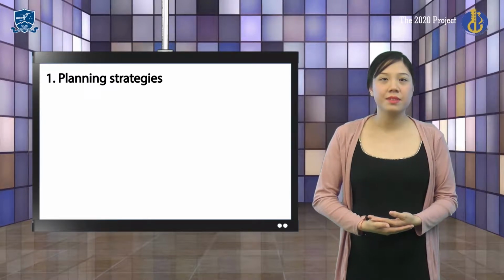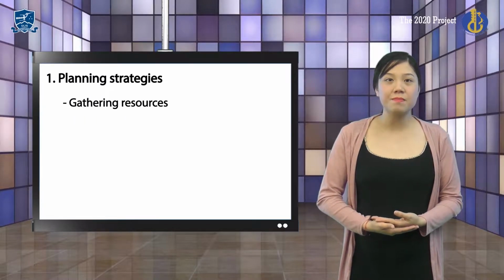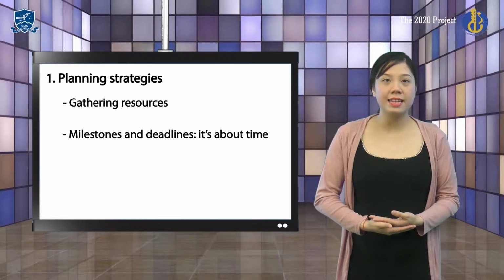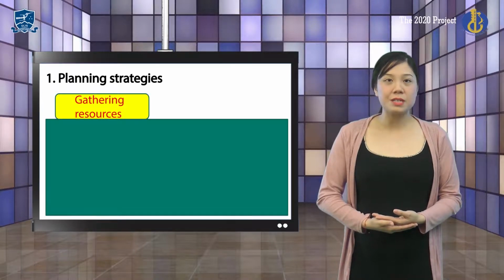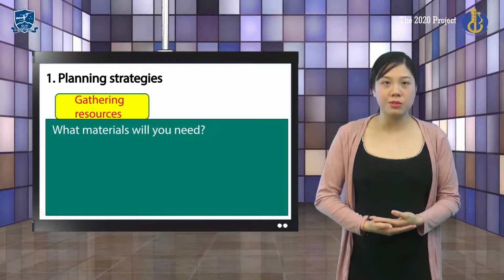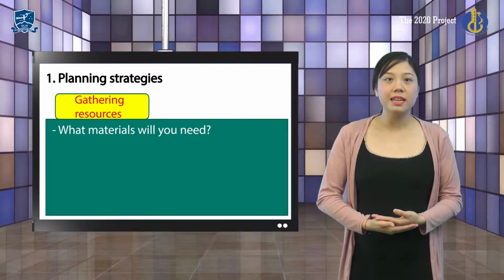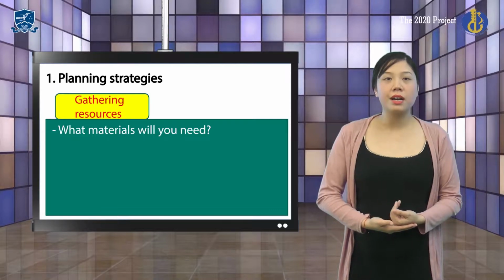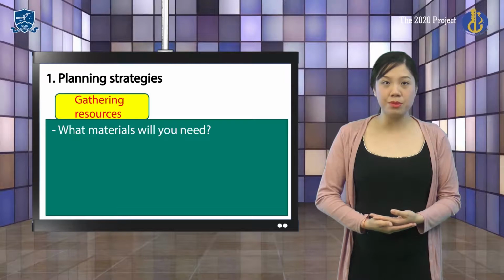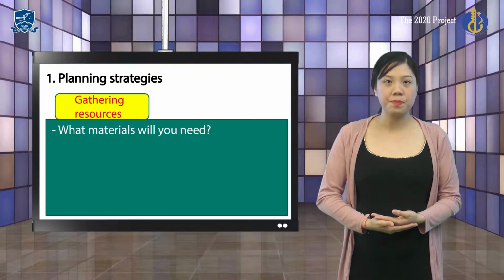They are gathering resources, milestones and deadlines is about time, team planning. Gathering resources. What materials will you need? Take a look at your inventory and see what supplies, tools, or other materials are available at school or offered by the community.